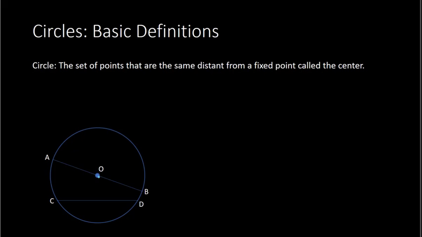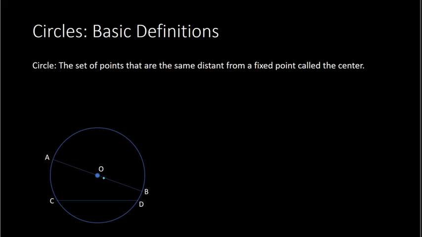So here, letter O is your center, and any point on the circle is the same distance from the center. Alright, so that is what makes a circle. Now when we name a circle, we can name it by its center point.